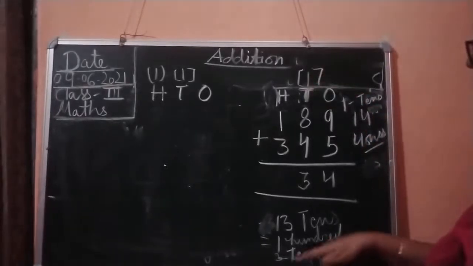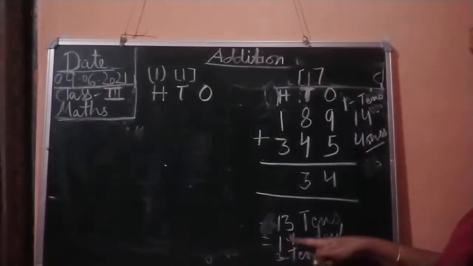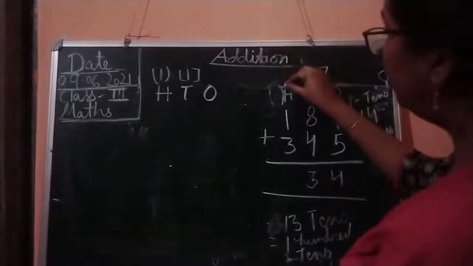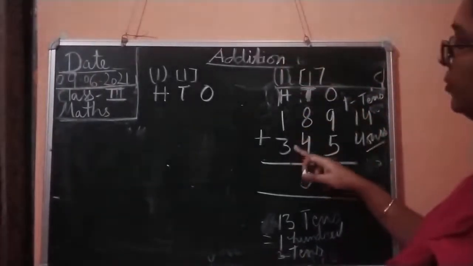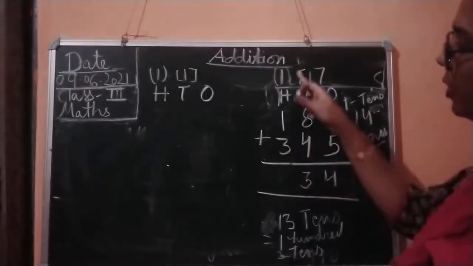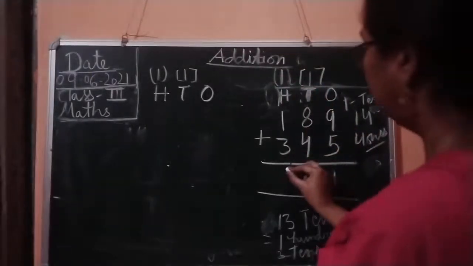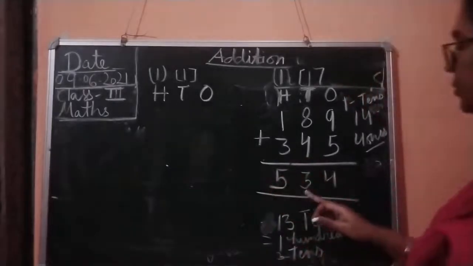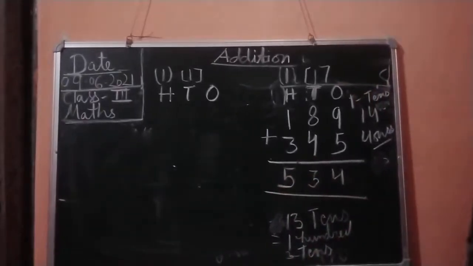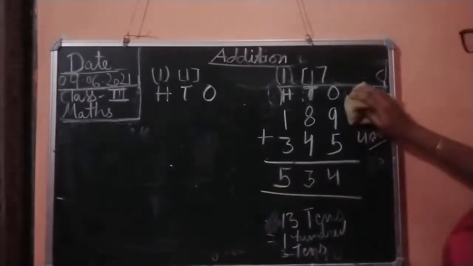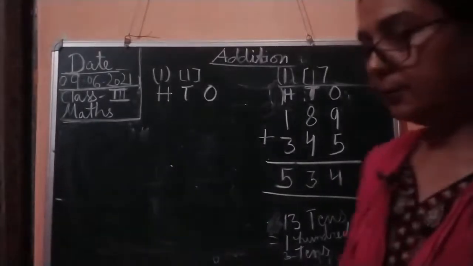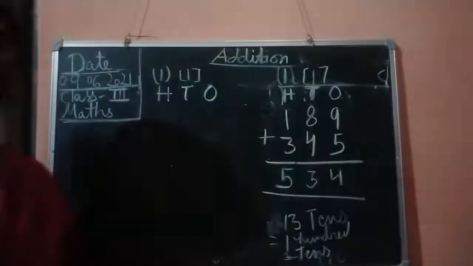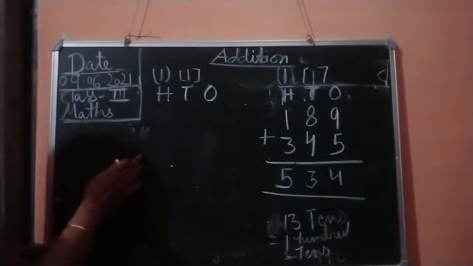And because this is 1 hundred, we will add it over here, and what will we get? 3 plus 1 is 4 and 1 plus 5 is 6. Sorry, 1 plus 4 is 5: 534. This is the sum of this example. Okay, so I hope it is clear. Now we are moving to the next one.